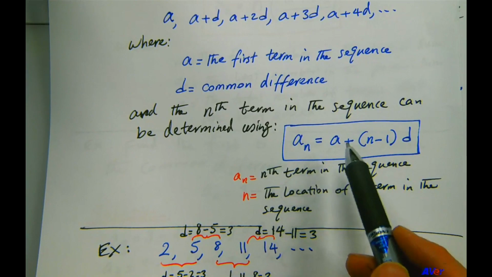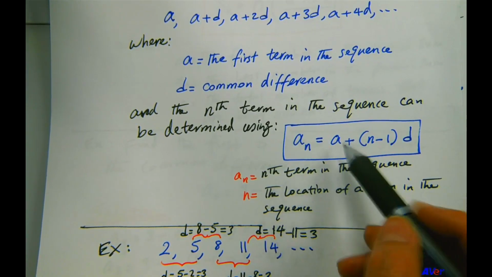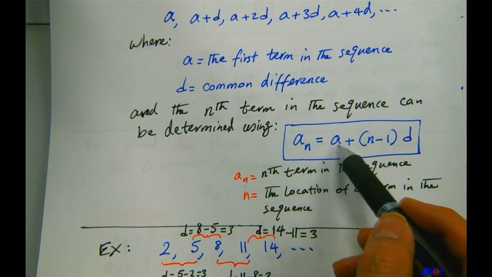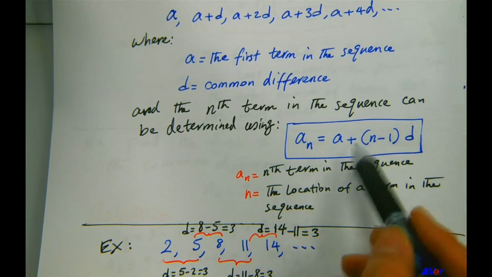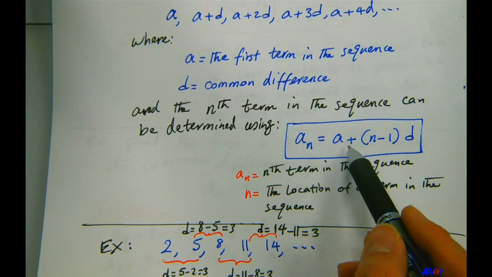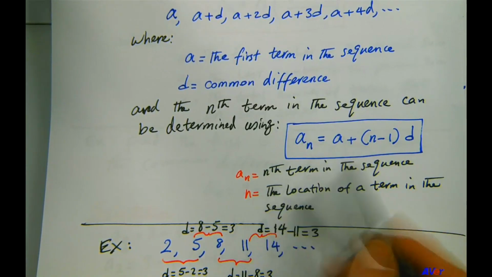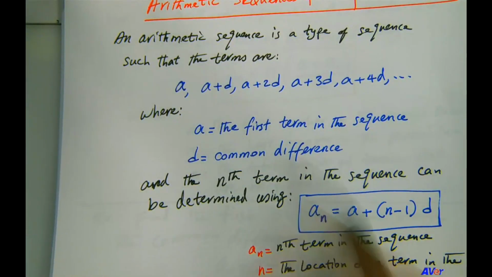I do worry about it if you don't keep track of what is happening to the same variable used in different formulas. So here, in this formula, a is the first term in the sequence, the very first term.